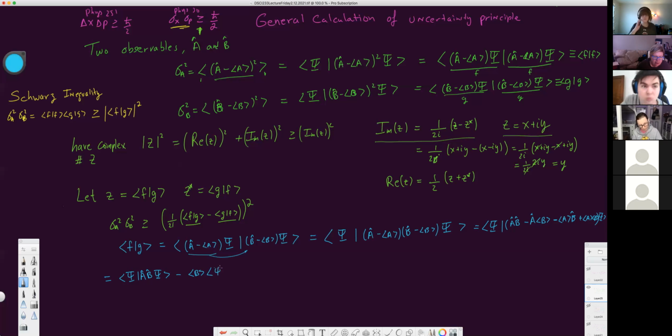And now I have here the expectation value of A. I'm just not writing it like expectation value, but that's what it is. And this is the expectation value of AB. And then minus, pulling out the expectation value of A, and then this is, of course, now the expectation value of B.